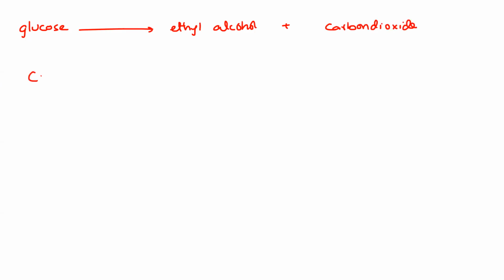So glucose is fermented into ethyl alcohol and carbon dioxide. Glucose is C6H12O6, and through fermentation we have C2H5OH and CO2.